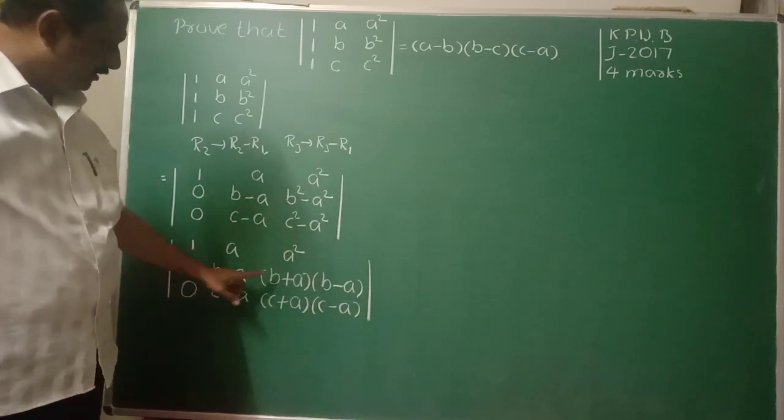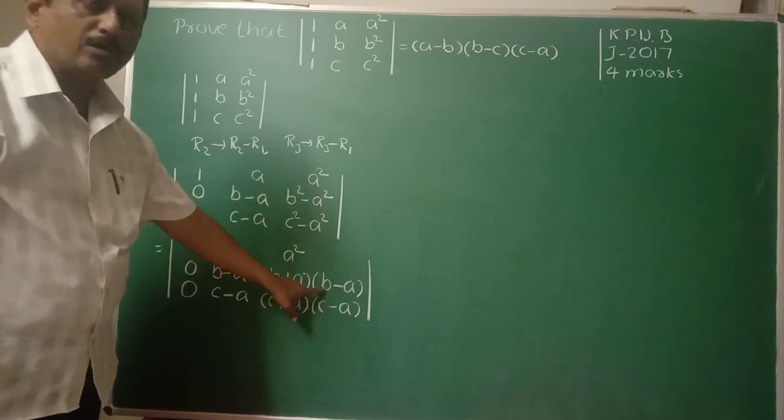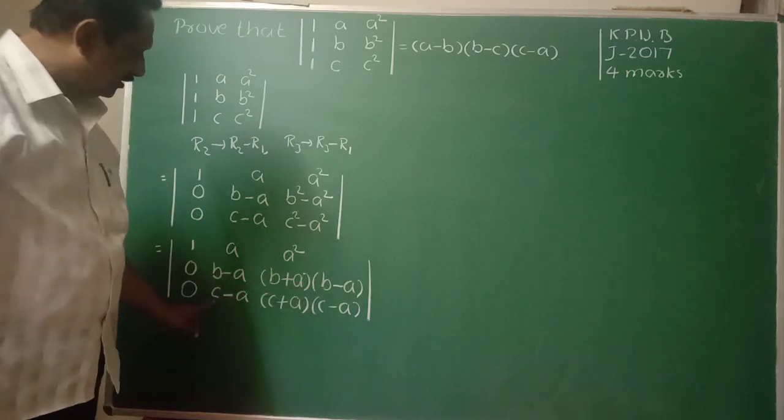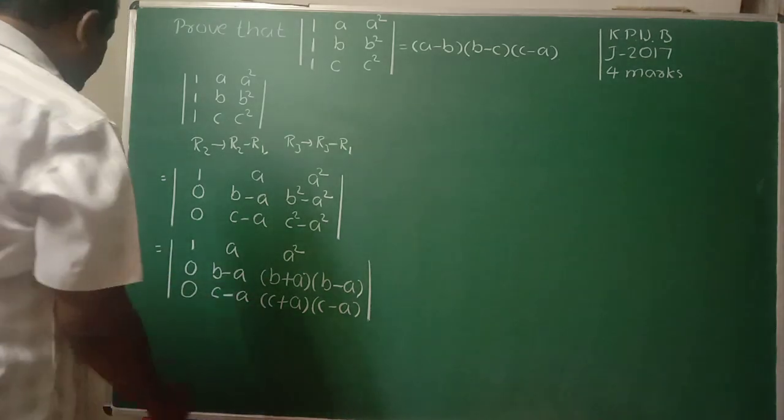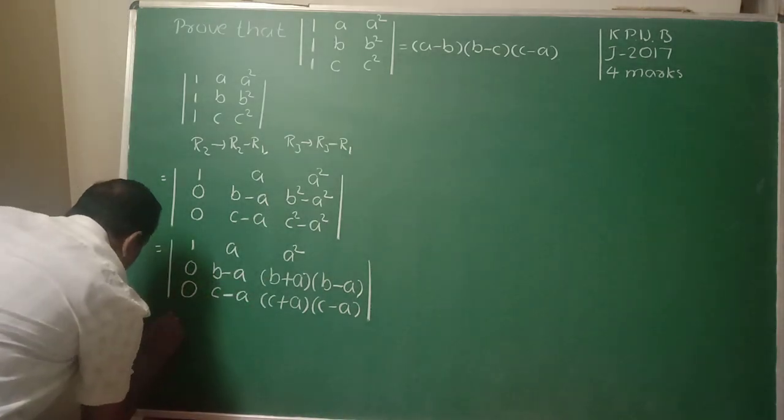From the second row you can take b minus a common, and from the third row c minus a as a common factor.